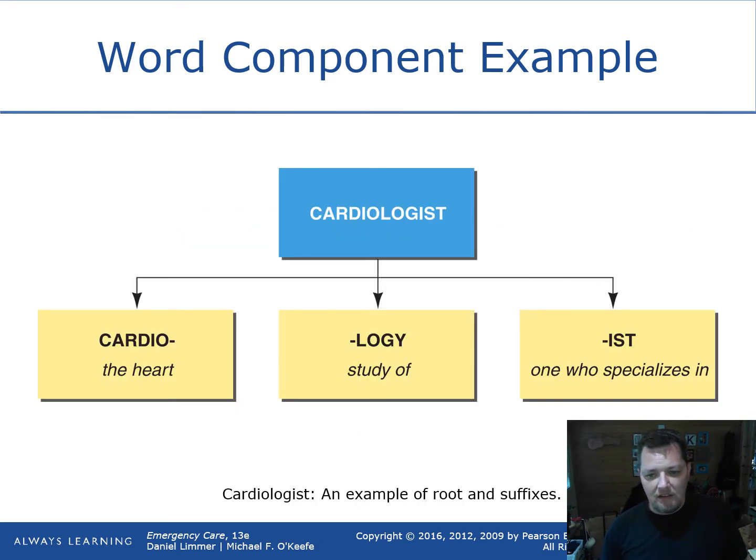Cardiologist: we've got cardio, which is heart, logi, which is the study of, and ist is someone who specializes in. So think of some other specialists, like a gastroenterologist, an endocrinologist, a pulmonologist, a neurologist, all of those people.